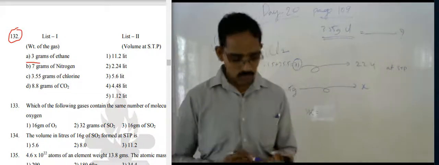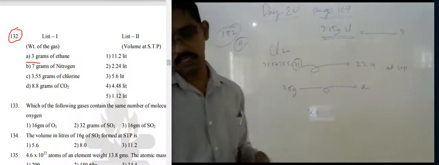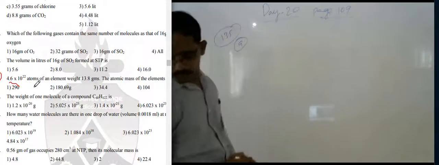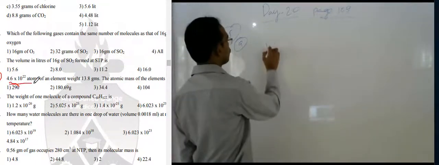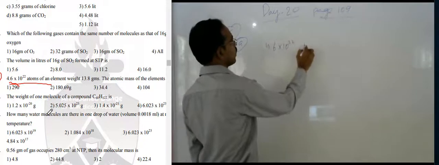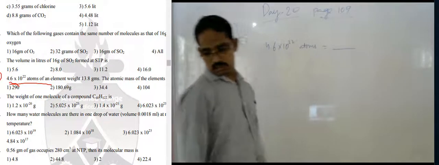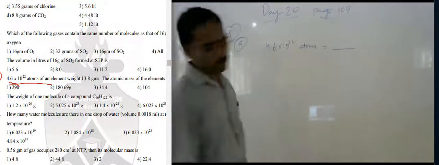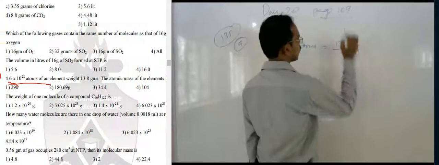1.1 liter, only one student given reply, but what about others? 4.6 into 10 power 22 atoms equal dash grams. How many grams is it? 13.8 grams. 13.8 grams given.